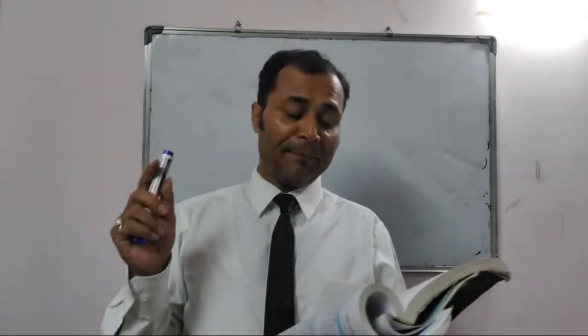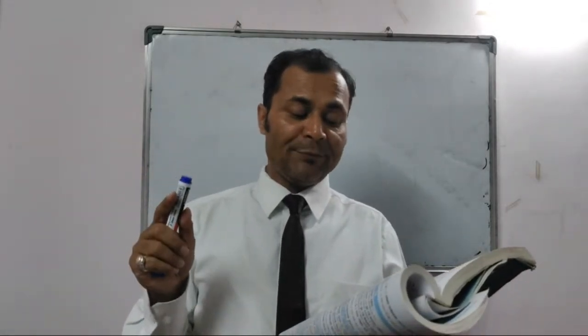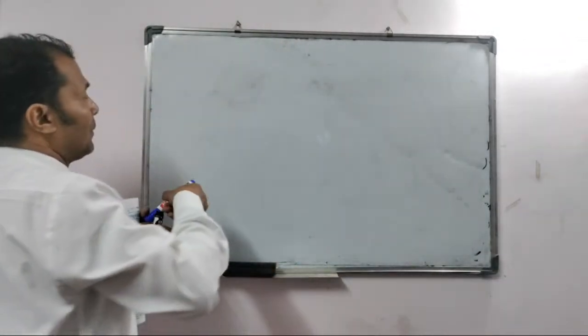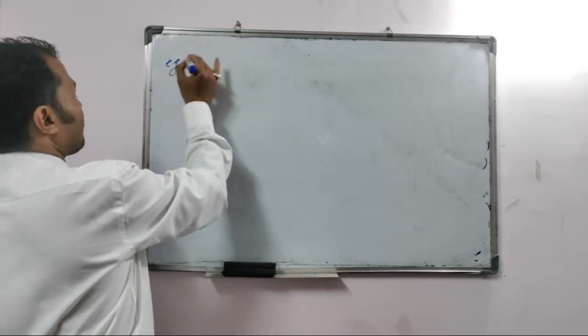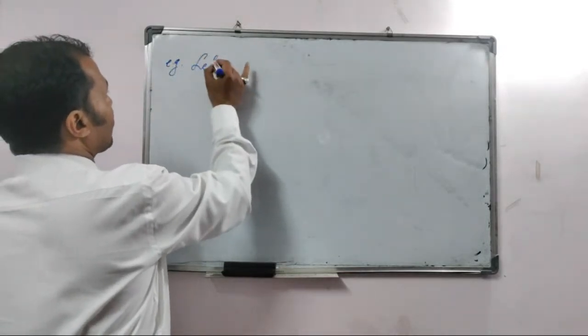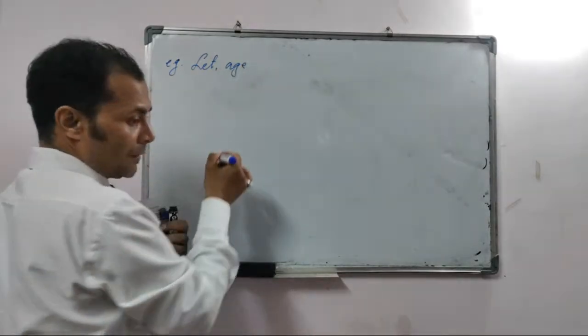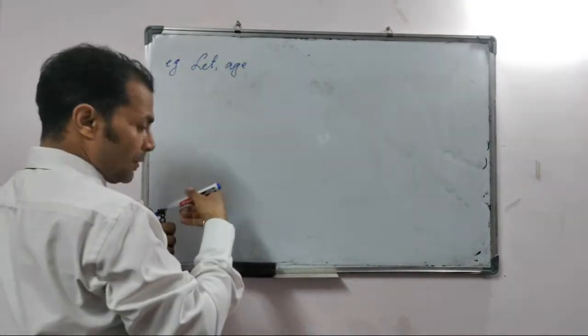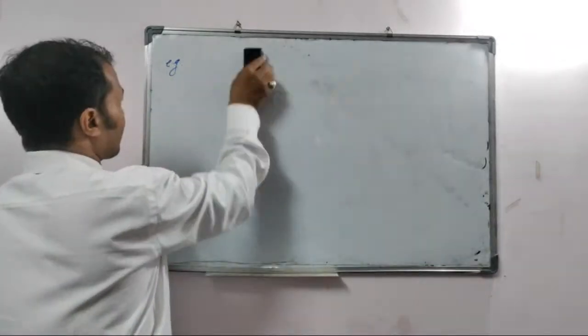2 years ago a man's age was 3 times the square of his son's age. Okay, 2 years ago, example. Let me use the black one.